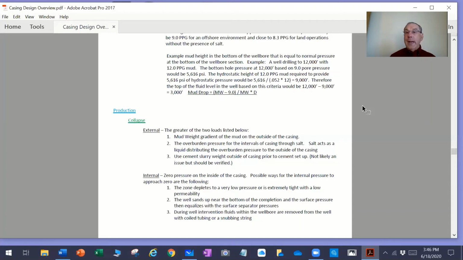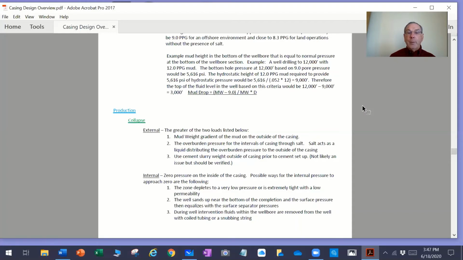Then the well sands up on bottom, so it won't flow anymore. Then the tubing pressure and the casing bleed off below the packer to the surface separator pressure, which may be 500 psi. So we've got hydrostatic gas in the well and 500 psi surface pressure, which is something close to zero. That's a great case, and I've seen it happen during the night on a producing well.